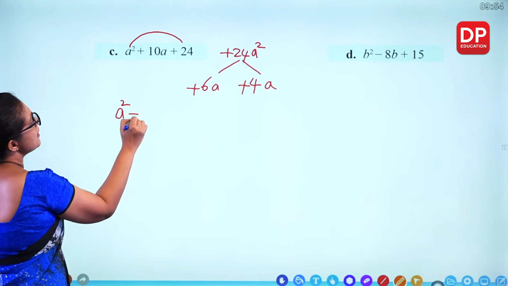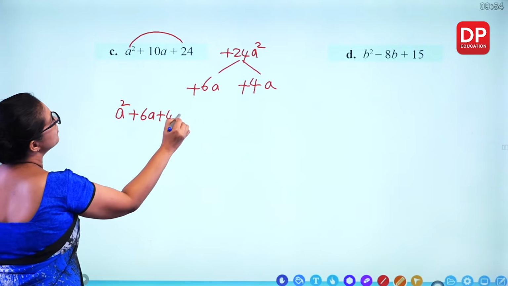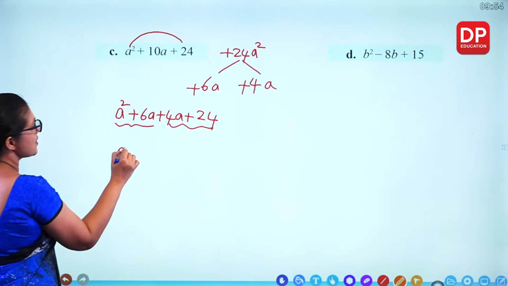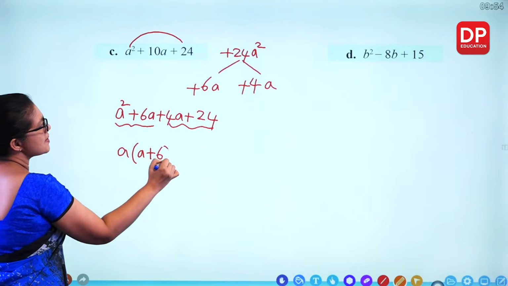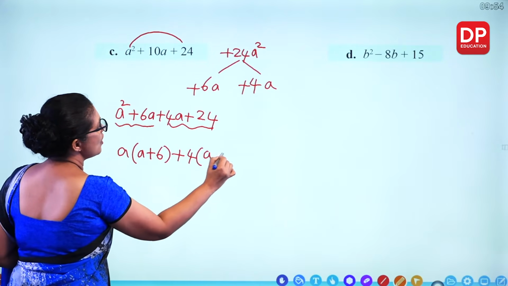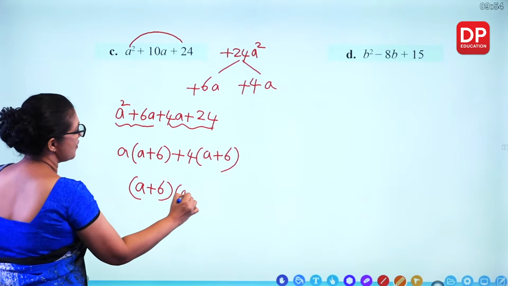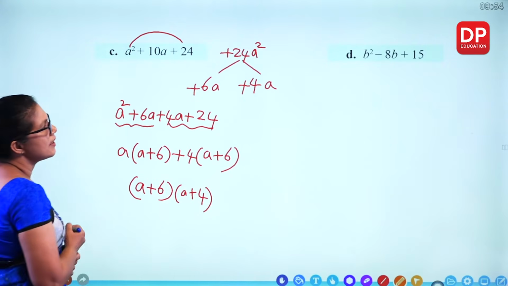So we split the middle term and factorize. You get a plus 6 here. When you take plus 4, a plus 6, a plus 6 is common, and the remaining part you write here.